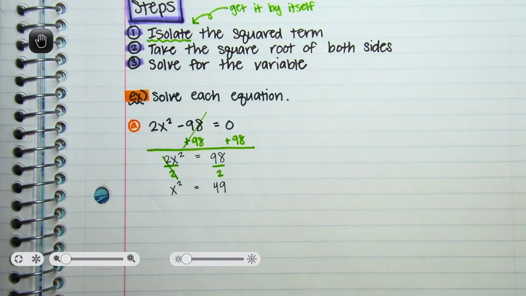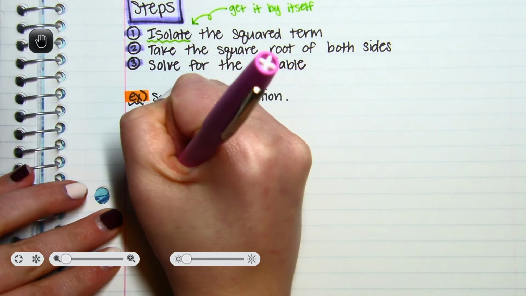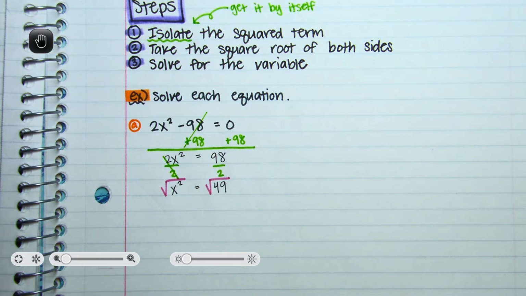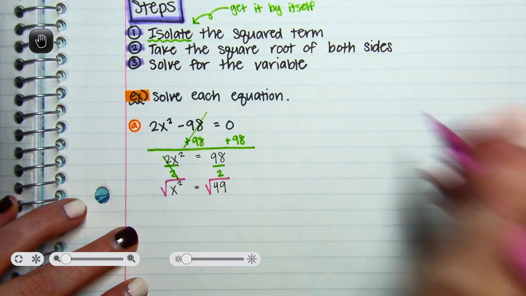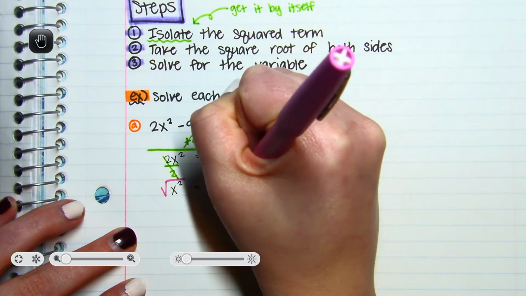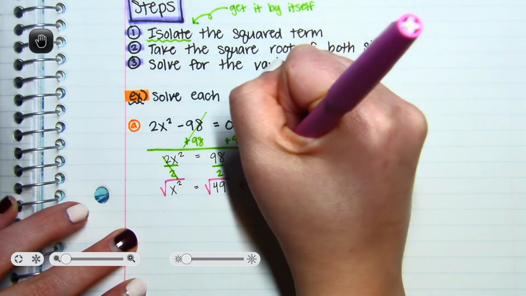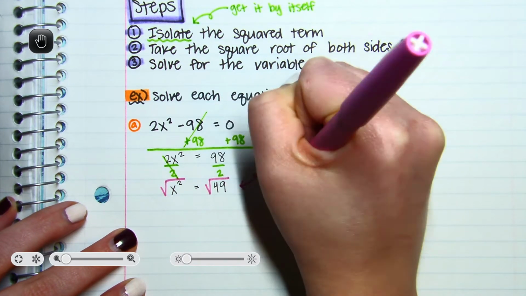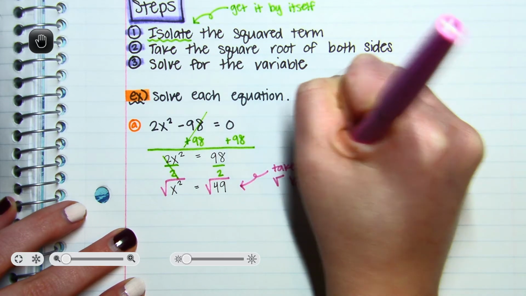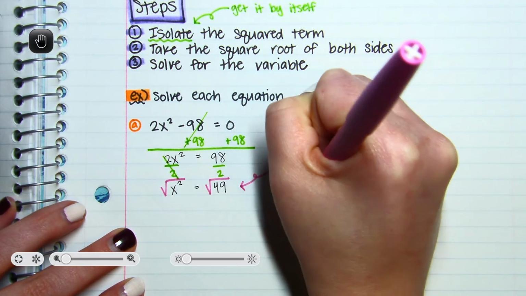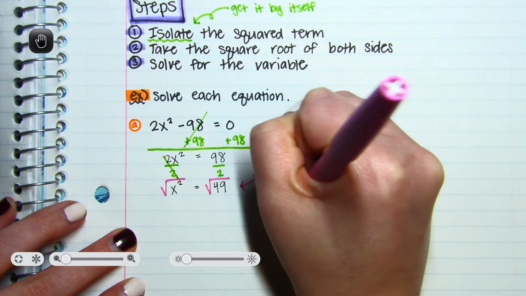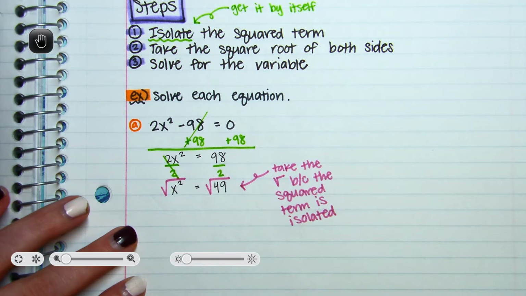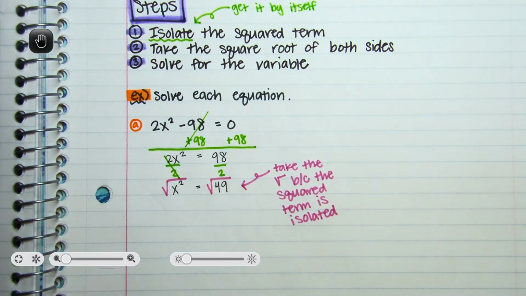So I can take the square root of the left side and the square root of the right side. I'll write a little note: take the square root because the squared term is isolated. So we can take the square root of both sides.